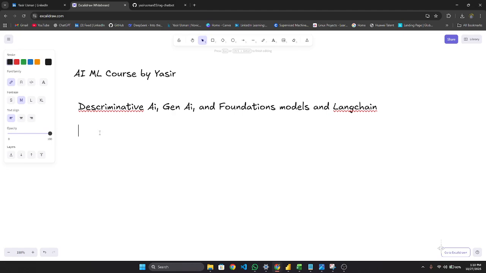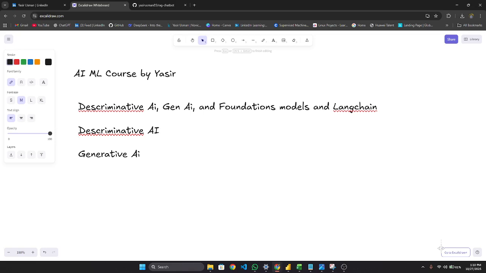Sorry for the spelling mistakes, I'm not really looking into that. For AI, we can divide it into two types. One would be discriminative, and the other will be generative AI.